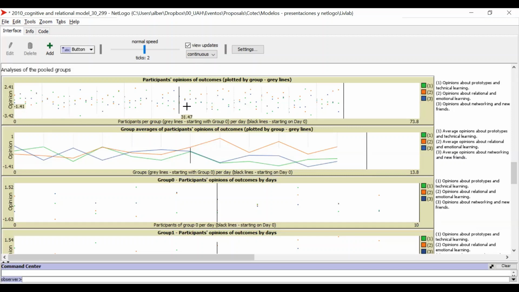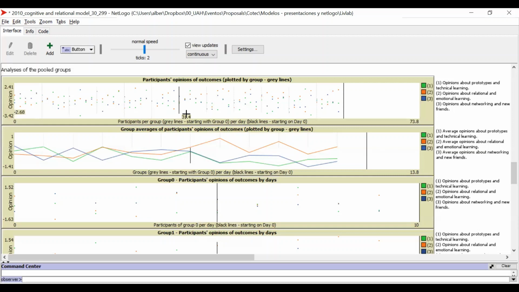Now, this same participant on the second day has their opinions on the 3 types of outcomes much closer, and particularly the blue dot seems to be lower, or probably worse than the other two types of outcomes.